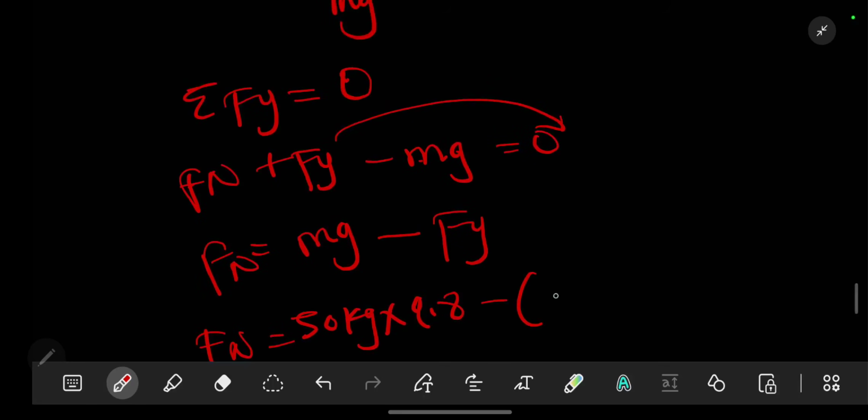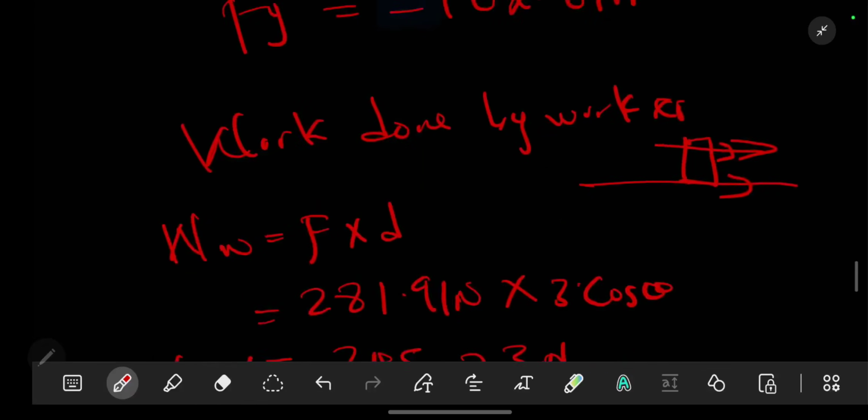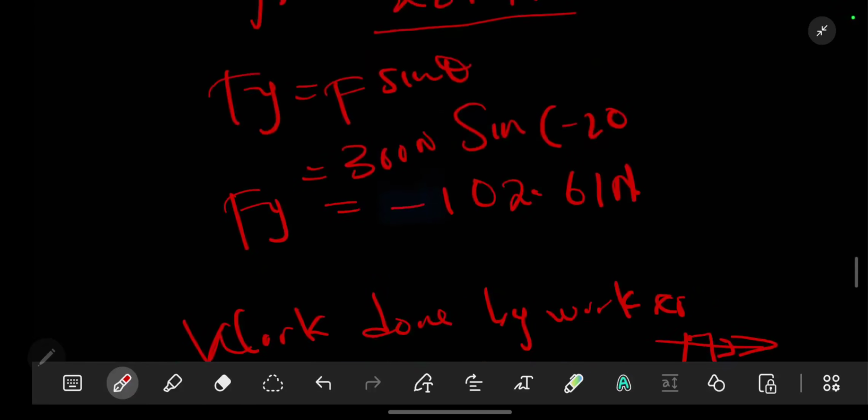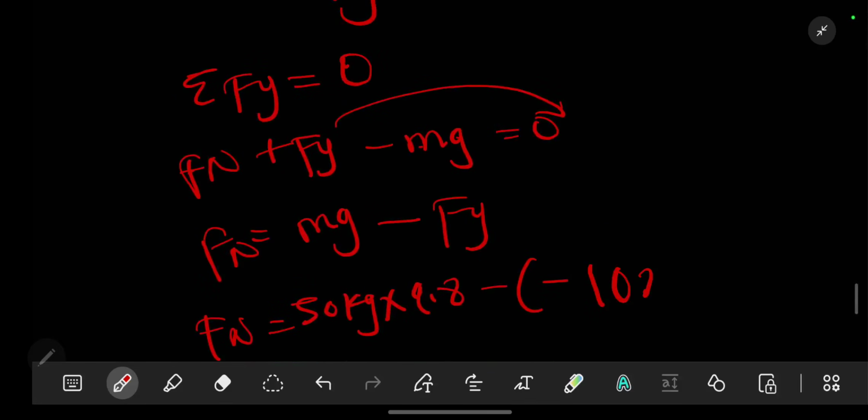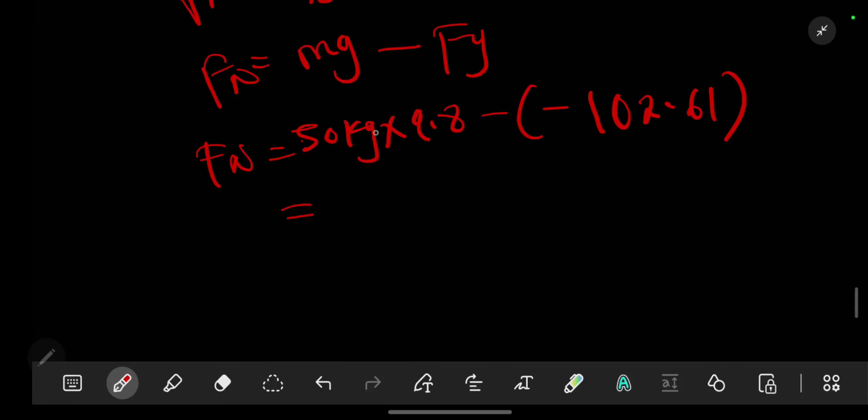Since we added it and accounted for the angle, it gave us a negative. If you recall, the force in the y is negative 102.61. So we have negative 102.61 like that. 50 times 9.8 is 490 newtons.